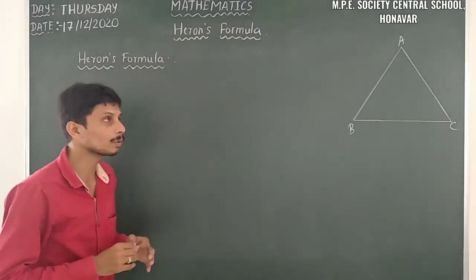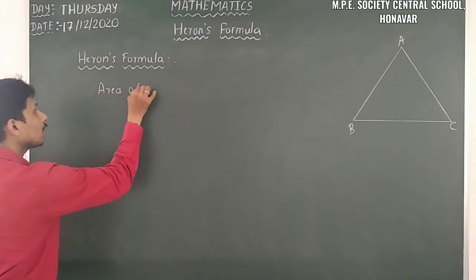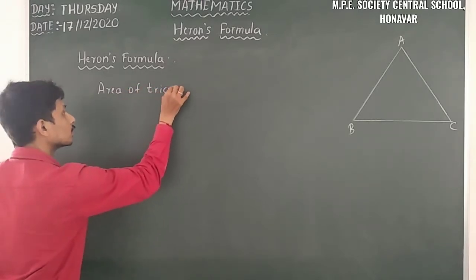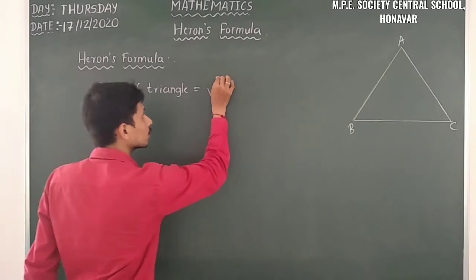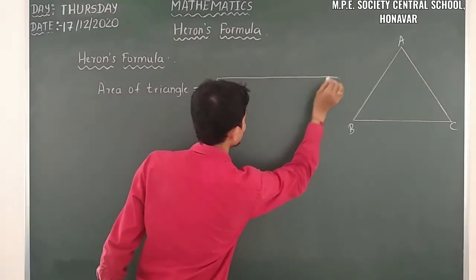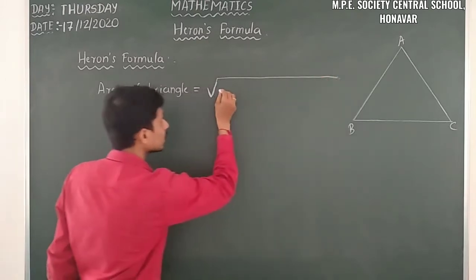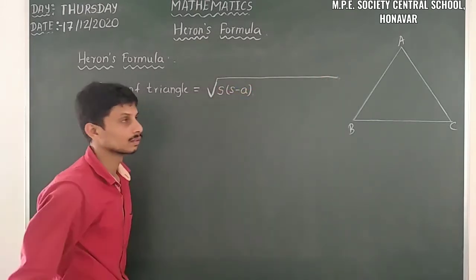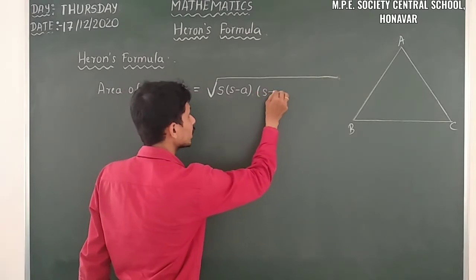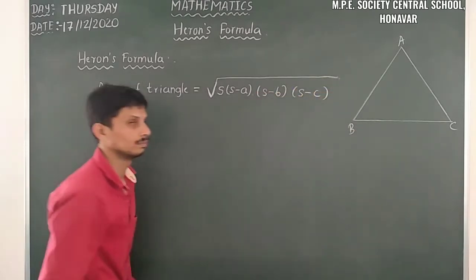So let's take Heron's formula, that is area of triangle is equal to square root of, so we have to take the square root like this, a long square root, and here s into s minus a and s minus b and s minus c.